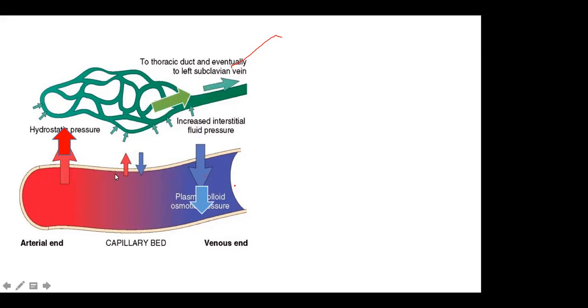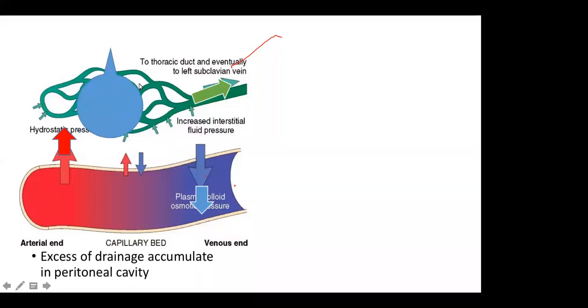In the case of portal hypertension, for example in a cirrhotic liver, there is low albumin and protein, so there is increased hydrostatic pressure due to the resistance, and despite that, there is a very low level of albumin, so the fluid is extravasated outside the vessel into the interstitial space. A minimum of this comes back, and some goes through the lymphatics into the lymphatic duct, but because the hydrostatic pressure is more than the colloid oncotic pressure, this fluid can accumulate in the interstitial space to form ascites.